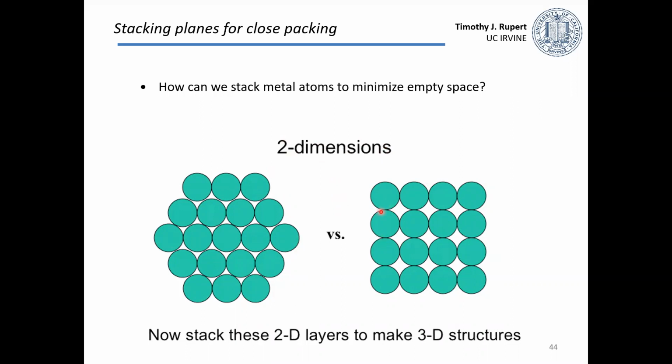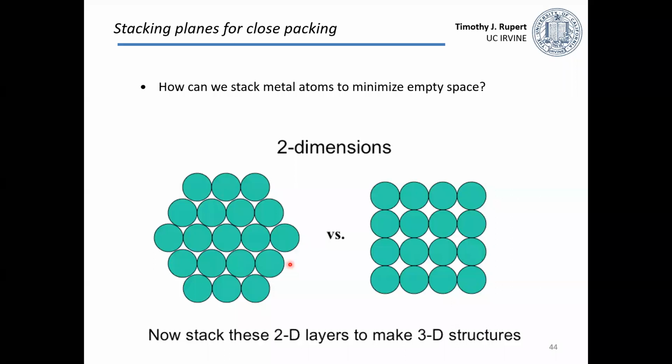So rather than go to 3D and get complicated, let's just think about, okay, if we're looking at a 2D plane, we're putting marbles or atoms on that layer, how could we do it most efficiently? Well, the square type of lattice actually isn't that good. It has lots of empty space here. Instead, what we want to do is form this hexagonal lattice. So any one atom is surrounded by 6 other atoms in that plane, okay? So this is the best way we can do it in 2 dimensions.